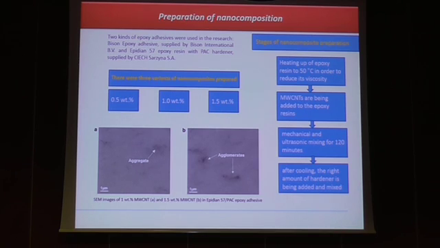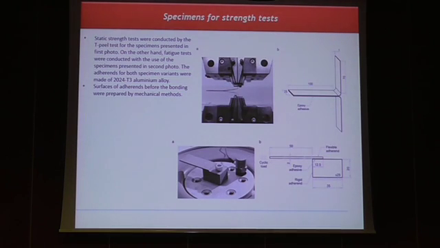That adhesive composition we used to prepare specimens of adhesive joints. Static strength tests we conducted with use of the T-peel method for the specimen that we see in the higher figure, and below we can see the shape and dimensions of the specimen used in fatigue tests.